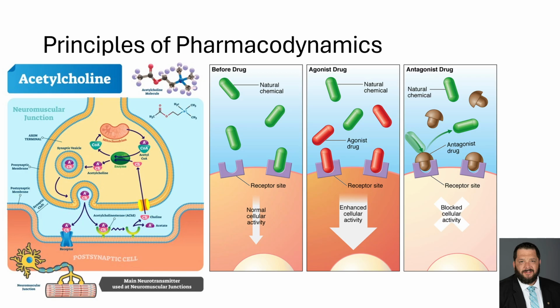What you see on the screen here is a basic image that describes some of the types of medications that we use and some of the ways in which we use them. On the left-hand side of your screen is an example of acetylcholine. And while we don't really administer acetylcholine, it serves as a good example to see how we use pharmacology to drive actions within the body. So you can see at the synapse here, ACH is being formed and then secreted.